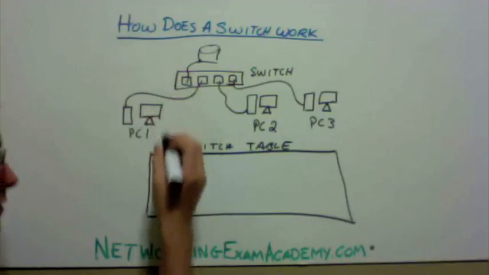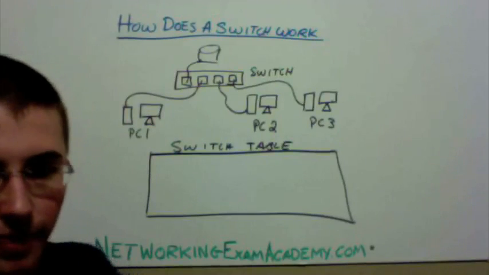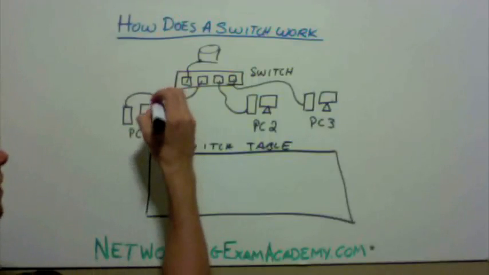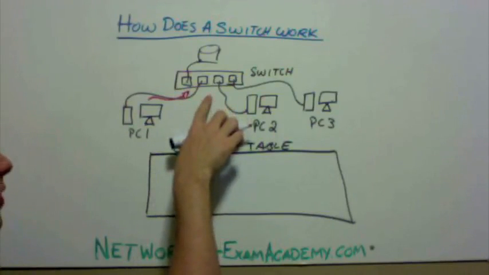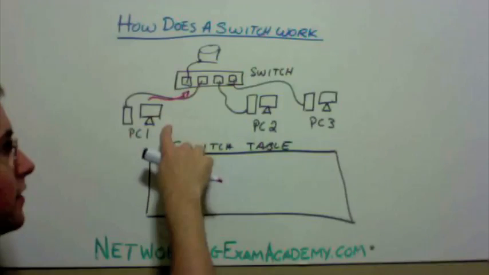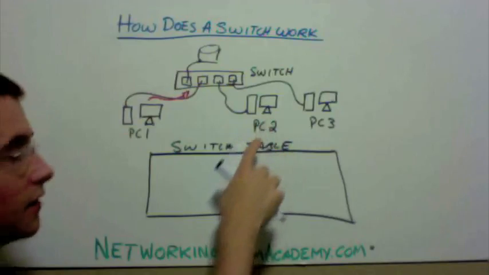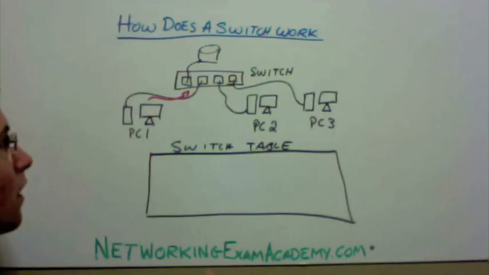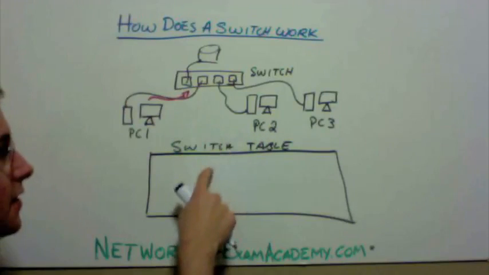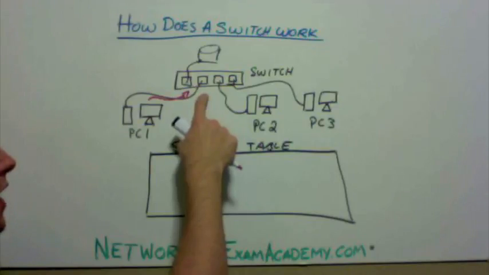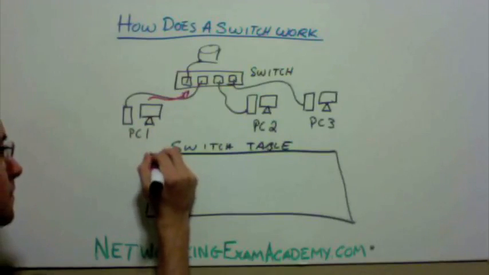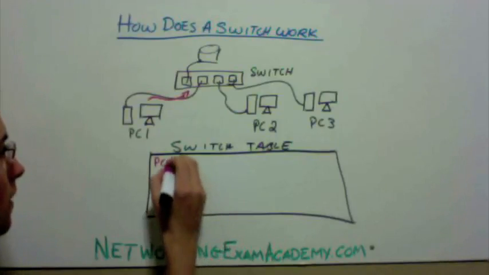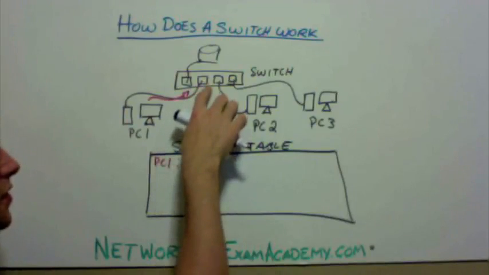PC1 is going to send a frame on the network with its MAC address and the destination MAC address of PC2. The switch, which has an empty table, is going to make note that PC1 with its MAC address is connected to switch port 2.